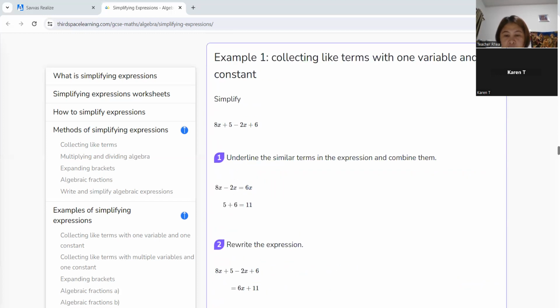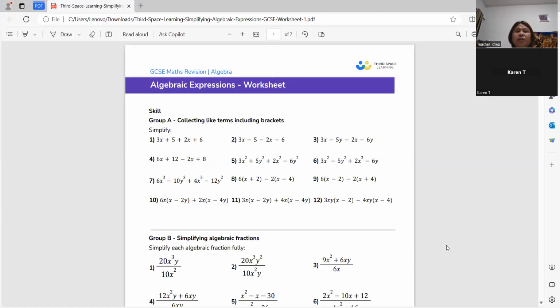Okay, so let's answer this here. Let's simplify these algebraic expressions by collecting like terms, including brackets.